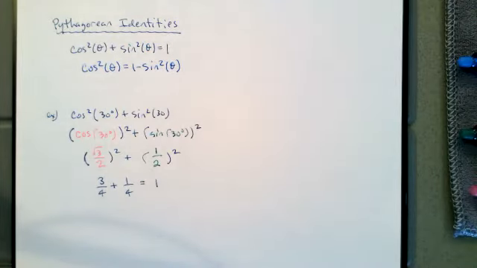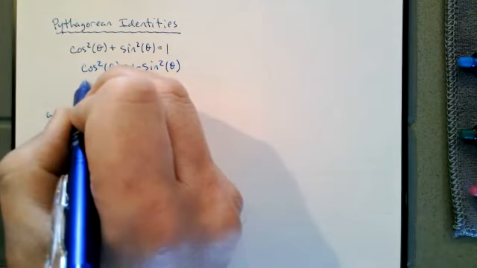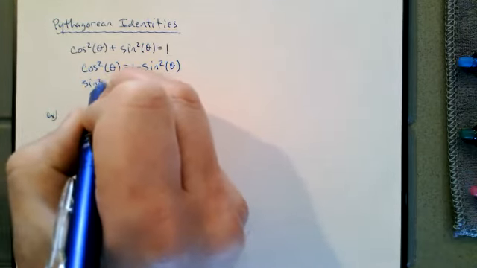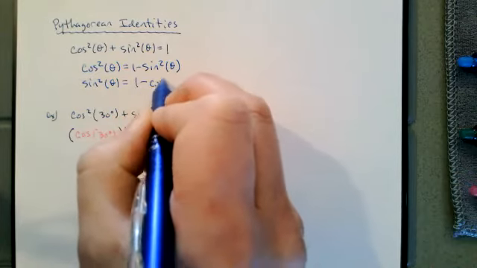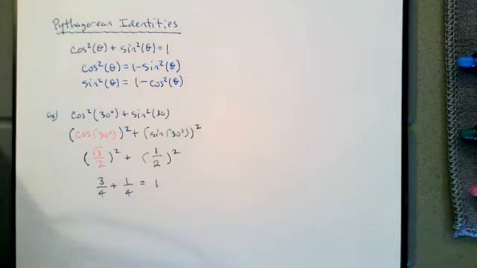And since we can do that, there's no reason we shouldn't also just solve for sine squared. So cosine squared theta plus sine squared theta is equal to 1. 1 minus sine squared theta is equal to cosine squared theta. 1 minus cosine squared theta is equal to sine squared theta.